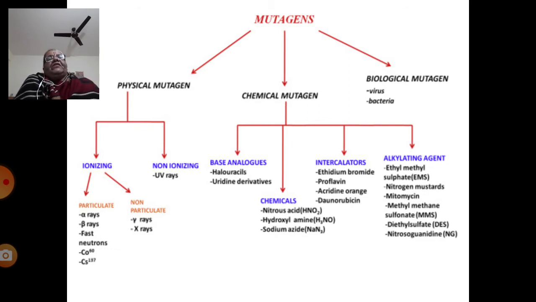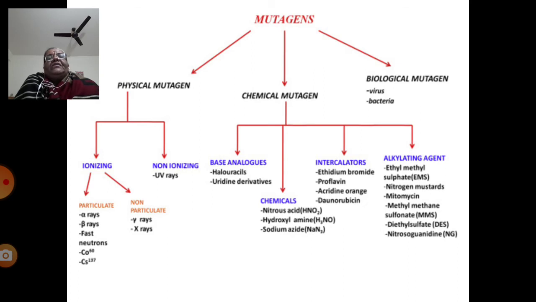Basically, you find physical mutagens, chemical mutagens, and biological mutagens. Under physical mutagens, you find ionizing radiations and non-ionizing radiations. Then under ionizing, you find particulate matter and non-particulate matter. Under particulate matter, like alpha rays, beta rays, neutrons, radioactive cobalt, radioactive cesium. These are all mutagens coming under particulate matter of ionizing radiations.